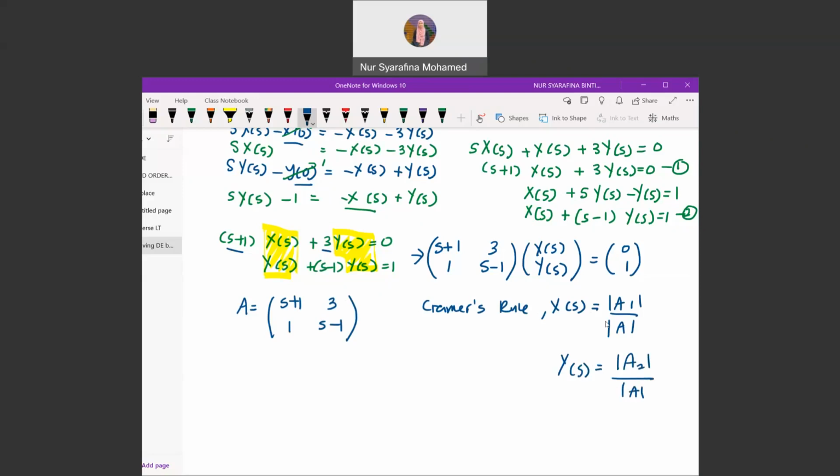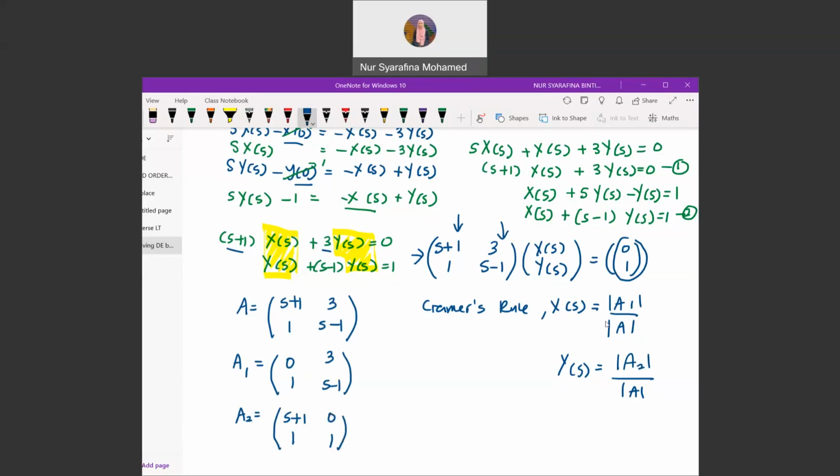So we have A, and then we have A1 by substituting 0, 1 into the first column: 0, 1, 3, s minus 1. And we have A2 by substituting 0, 1 into the second column: s plus 1, 1, 0, and 1.